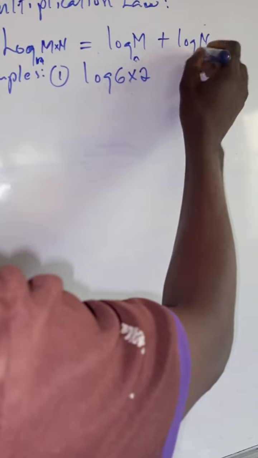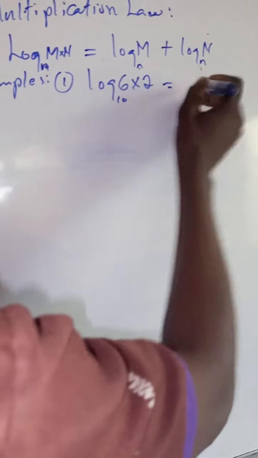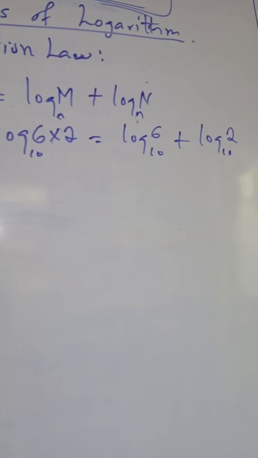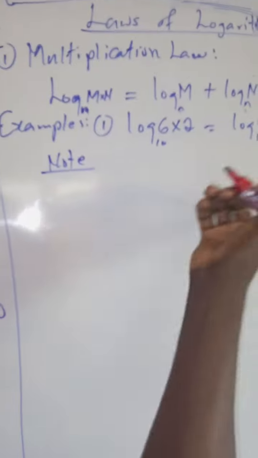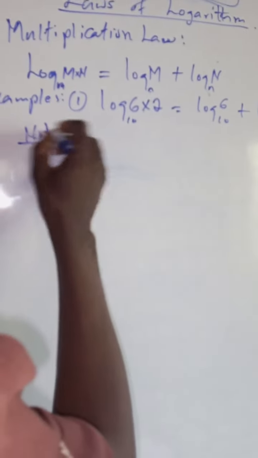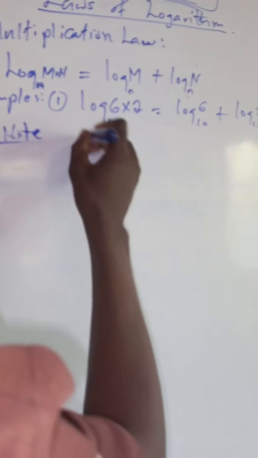So this one will give me log 6 base 10 plus log 2 base 10. Also, we could have log 32 base 10 plus log 3 base 10.